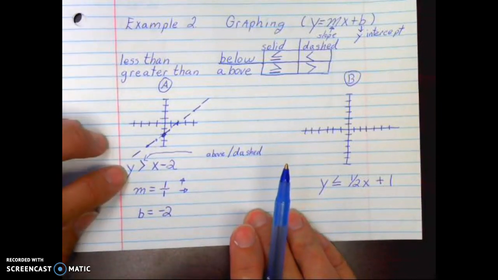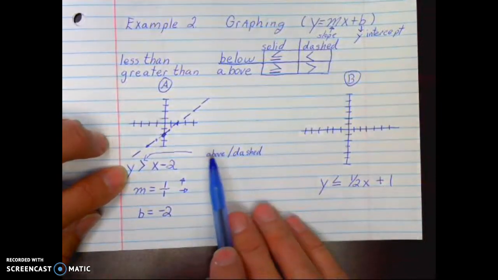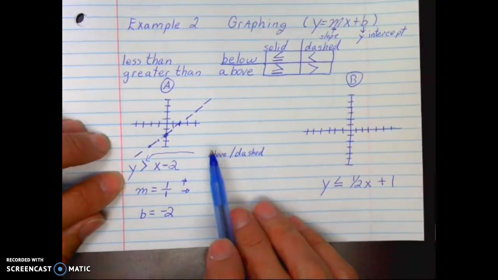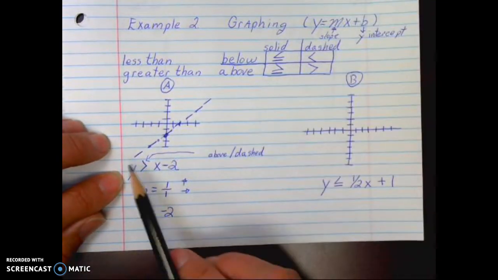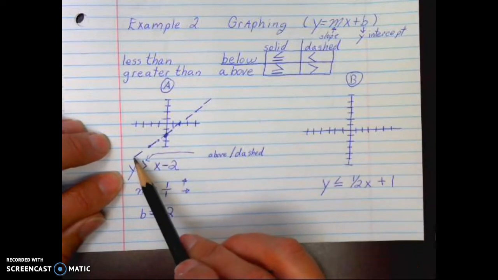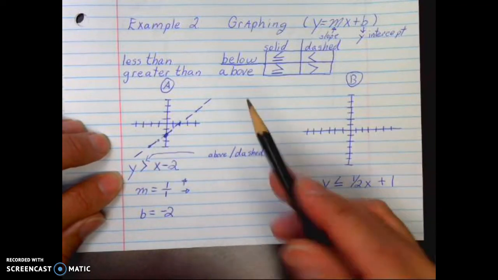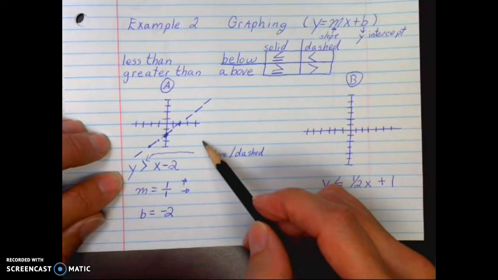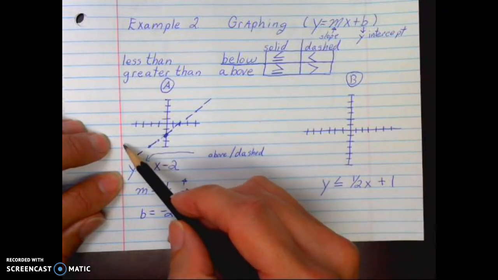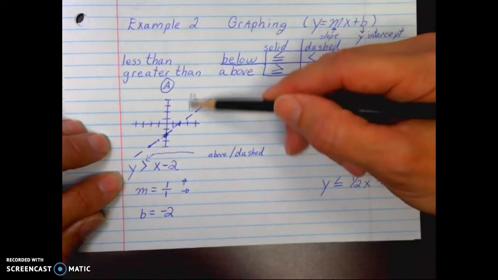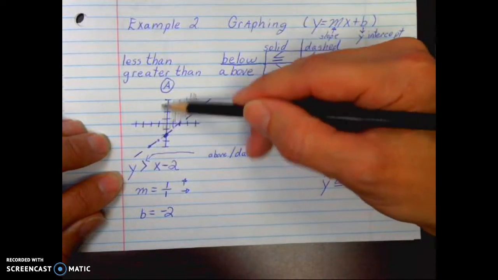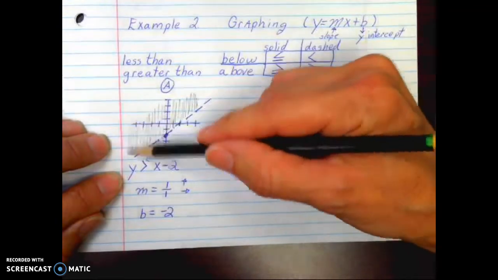Now, because it says y is greater, that means above. So what you're going to be doing today is shading on your graphs. Above this line, just imagine if this was a telephone pole falling down. If you were here, you'd be under it. If you're over here, you would be on the safe side, or above. So I'm going to use my pencil, and you're going to shade above this line.